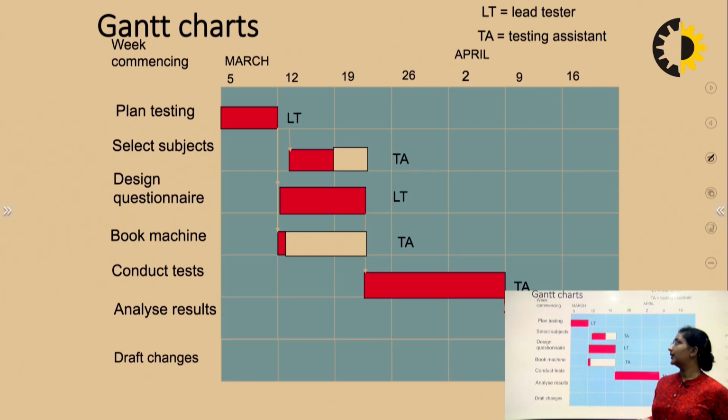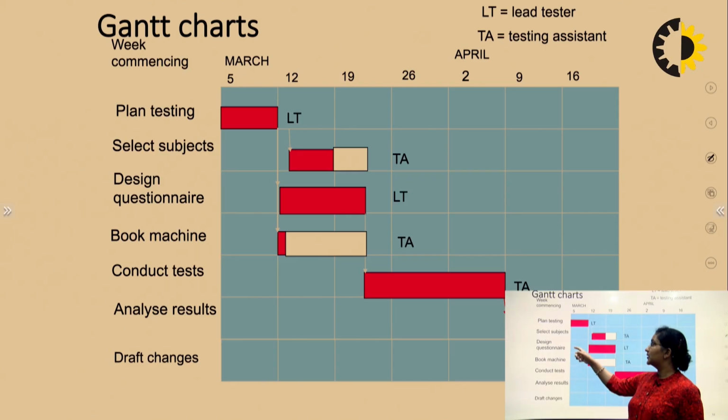For that, we can have a Gantt chart. In the Gantt chart, on the y-axis, we can have all the activities like plan testing, selecting the subjects, designing the questionnaire, booking the machine, conducting the test, analysis of the results and the draft changes.